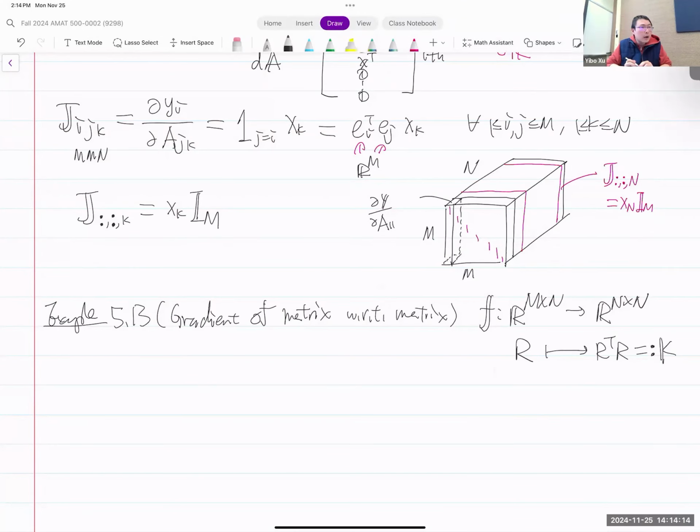So the output is R transpose R, and the input is the matrix R. What's going to be the Jacobian? What's going to be the derivative? Find dK/dR. Firstly, we figure out the dimension of the tensor.